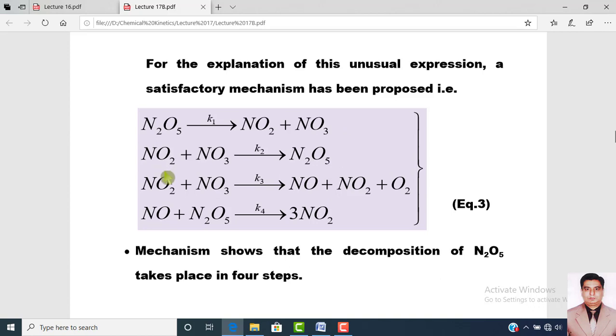Similarly, in the second step, NO2 and NO3 react with each other under rate constant K2 and produce N2O5.